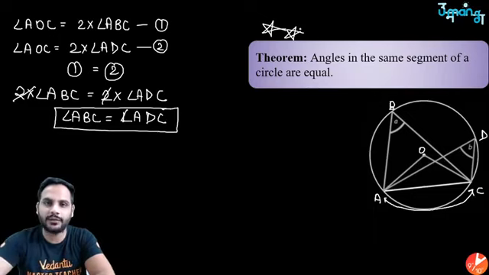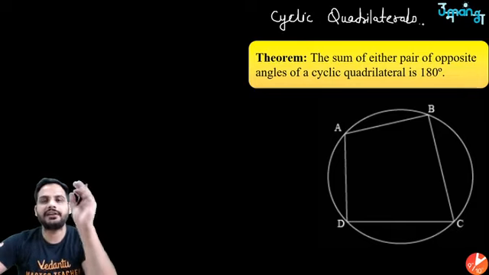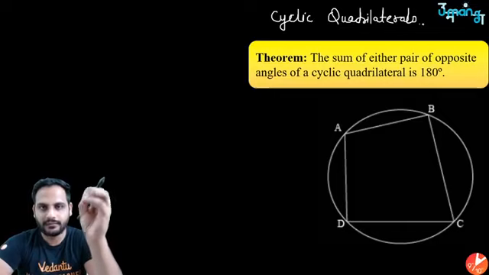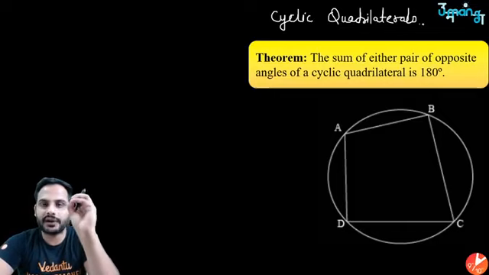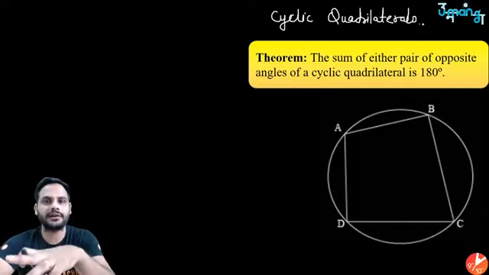Then the next part, which is the most important topic of this chapter, is cyclic quadrilaterals. First, understand what a cyclic quadrilateral is. A cyclic quadrilateral is a quadrilateral whose all 4 vertices lie on the circle.